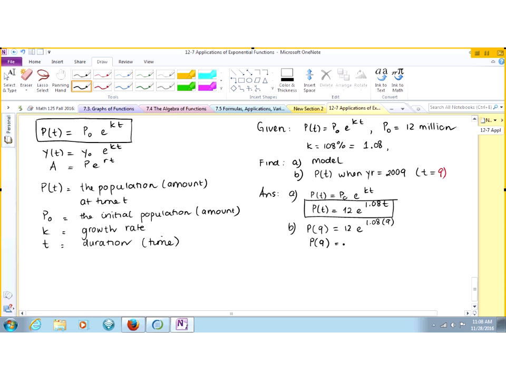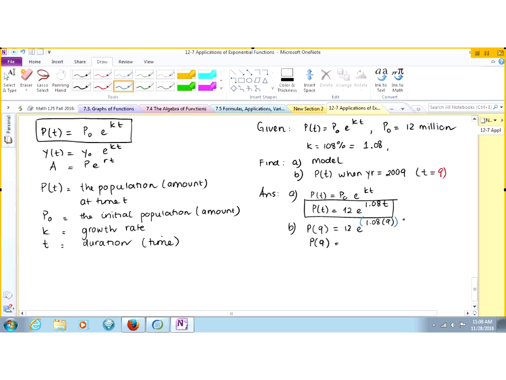All right. Oh, there's my calculator. 12 multiplied by, so be careful when you use your calculator, you have to put parentheses here. 1.08 times 9.